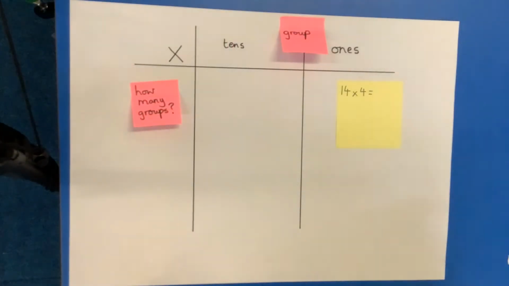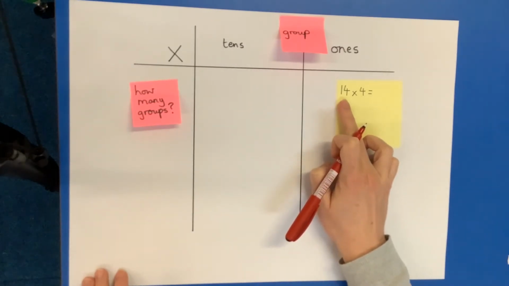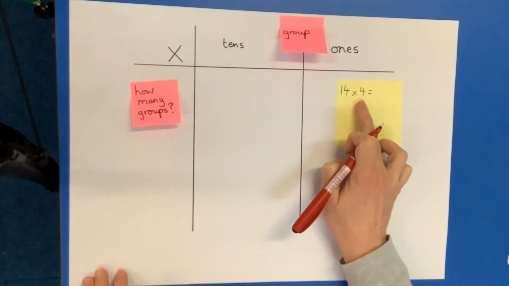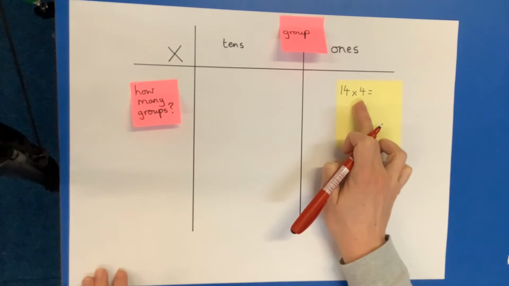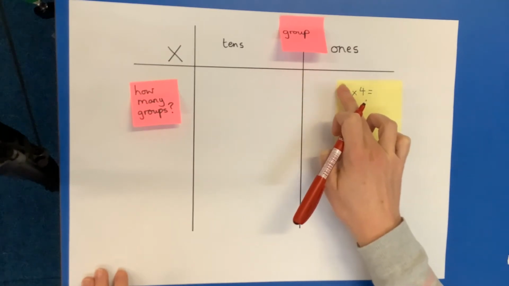Now, what we started last week, and we're going to continue with today, is what happens when you get larger numbers. So what if it's 14 times 4, which is beyond our times tables, therefore it's not one that we might know off by heart. So we started last week by using long, thin tens and short ones.